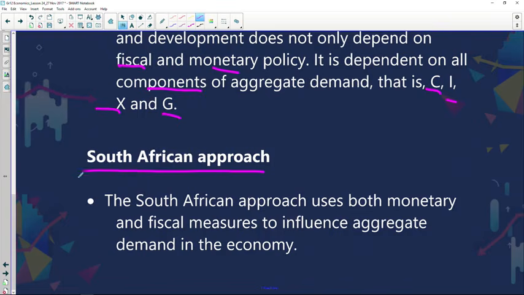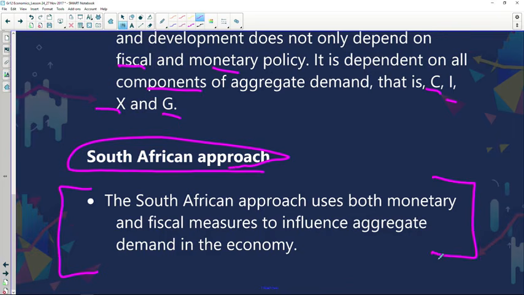So we need a specific South African approach in order to deal with or maintain or put structures together in order to achieve our economic goals in terms of economic growth and development. So we need to have a customized approach as a country that we are going to follow in order to ensure that we achieve economic growth and development.